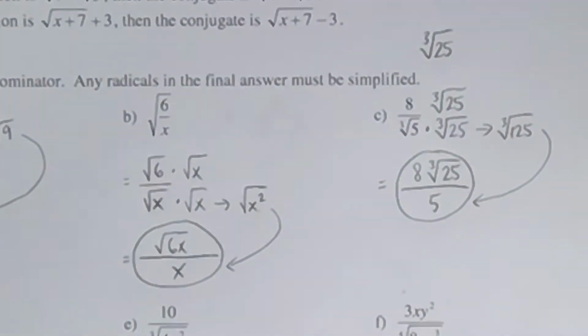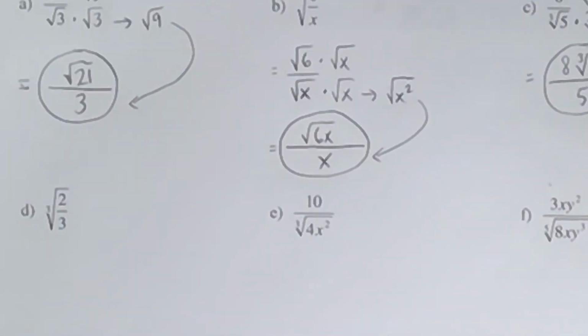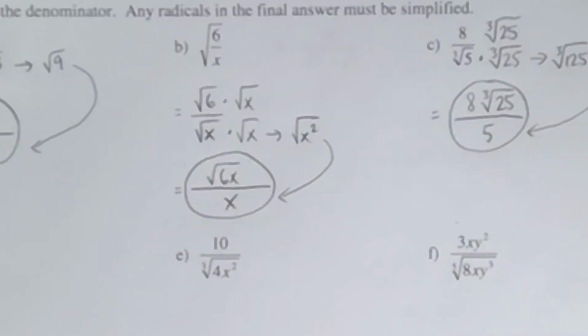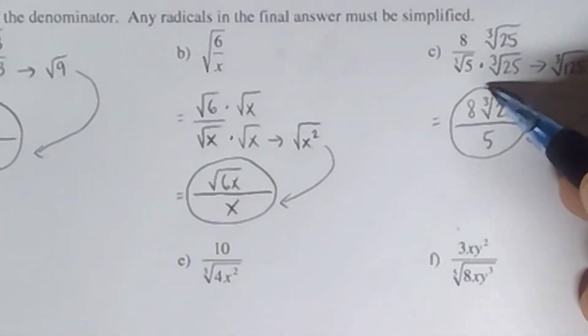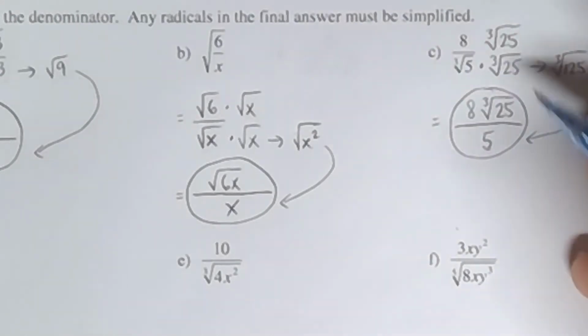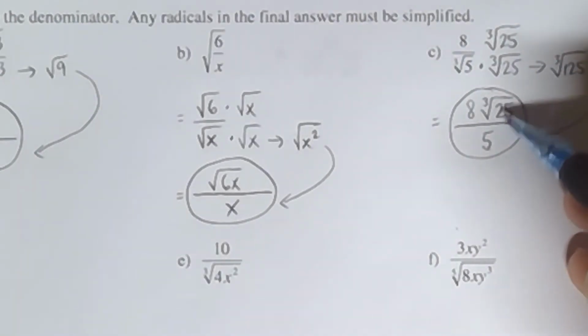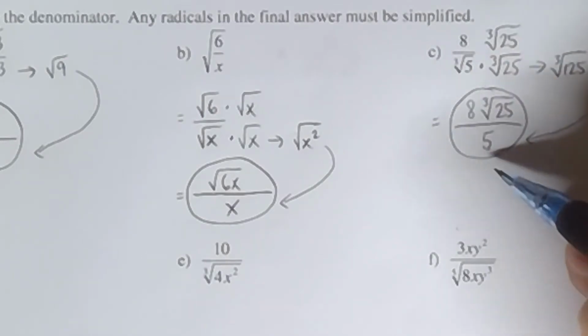Okay, let's keep going here. By the way, one additional note. Can you cancel here? Not this time. You're not allowed to cancel inside of a radical. Don't ever cancel inside of a radical when you're trying to cancel above and below a fraction.